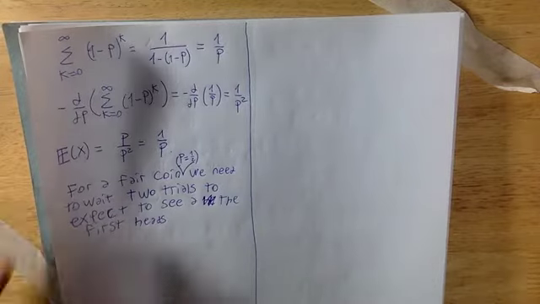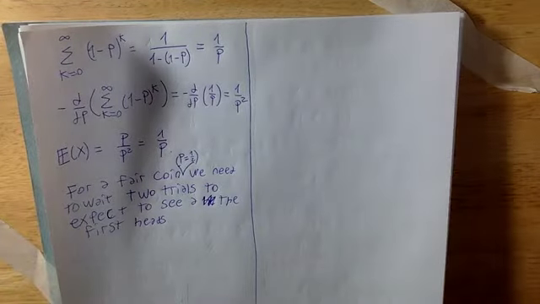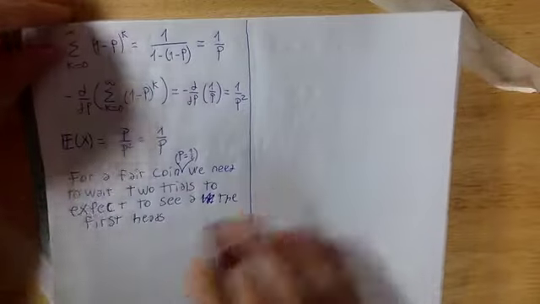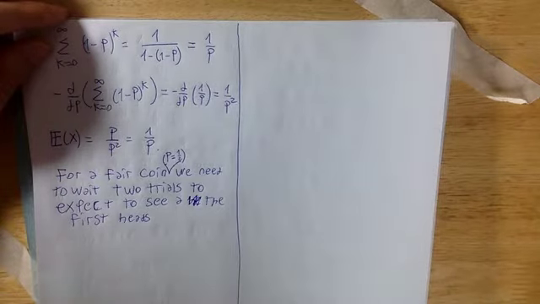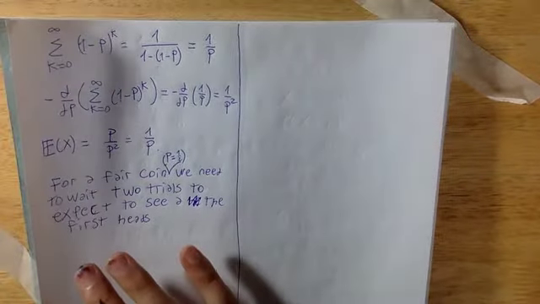Basically, if we have a fair coin, we would expect to have to flip the coin 2 times. The first one you would expect with 1/2 probability, and then more than 2 times it starts becoming more and more unlikely.